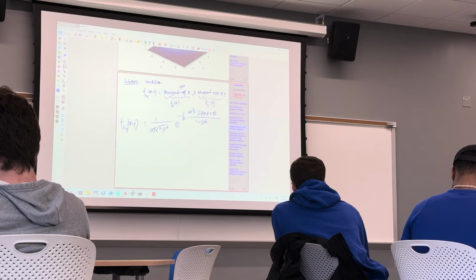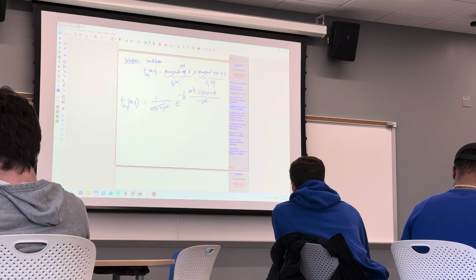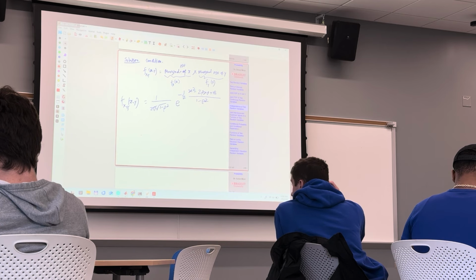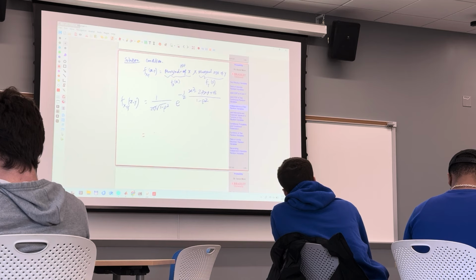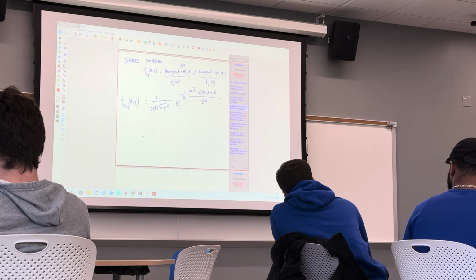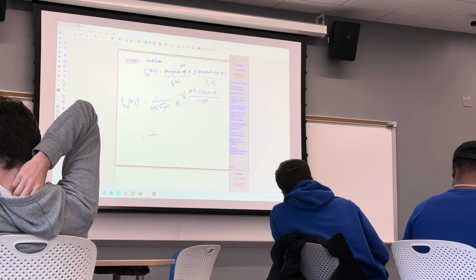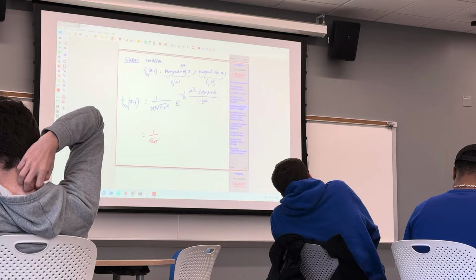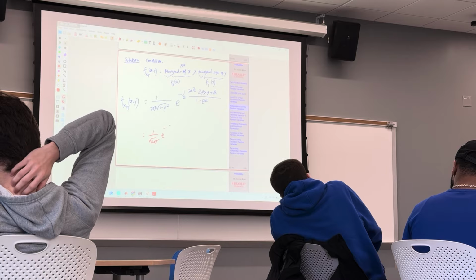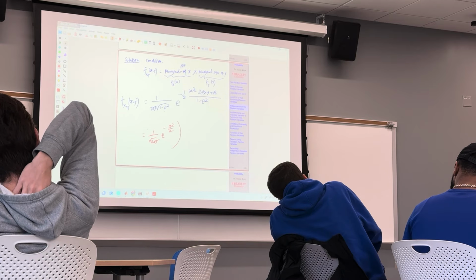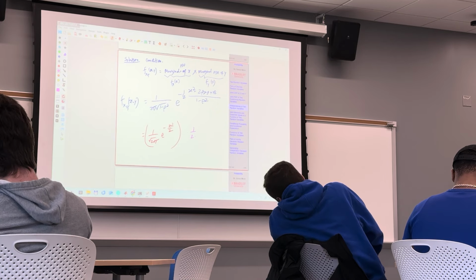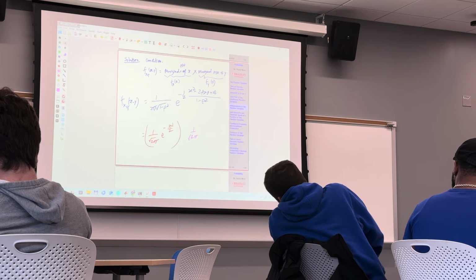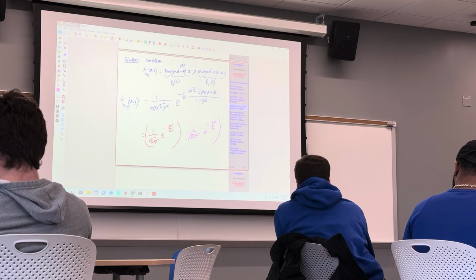Okay? I am going to write it as one over square root of 2 pi e to the negative x squared over 2. This is the marginal of x, and we write 1 over square root of 2 pi e to the negative y squared over 2. So this is the marginal of y.